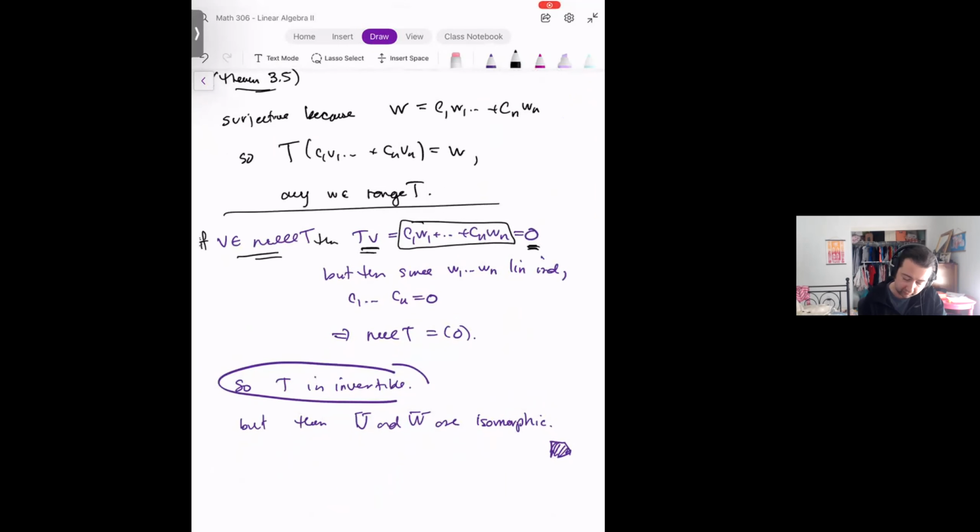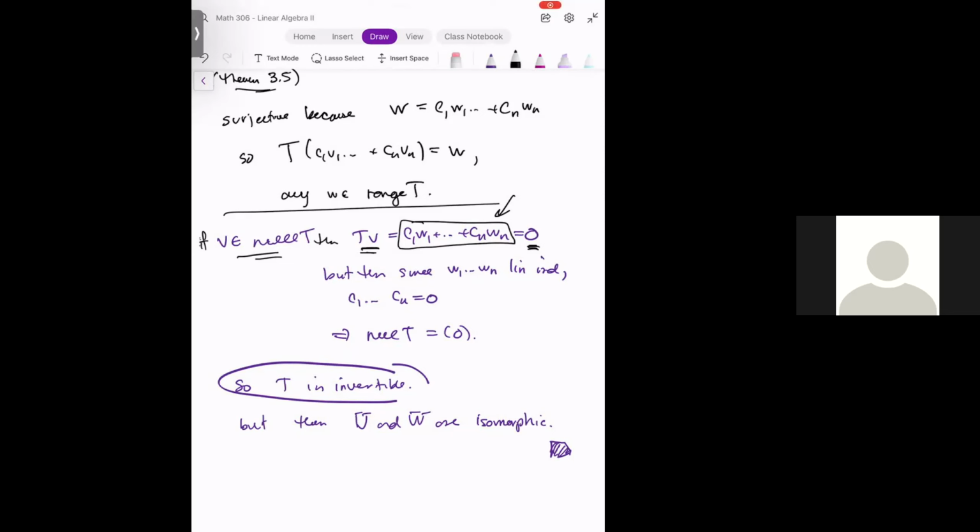So where would those coefficients have possibly come from? The fact that W1 through Wn are linearly independent means any linear combination of those vectors that adds to 0 gives you that those coefficients are 0. And that says that the only vector in the null space that's possible is the 0 vector.